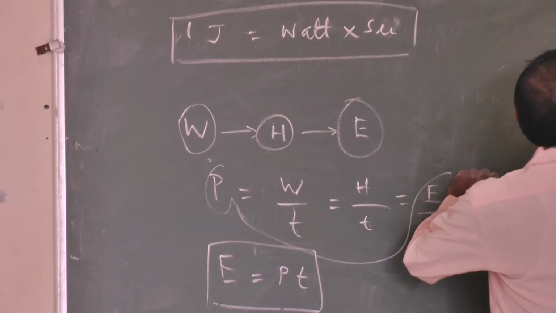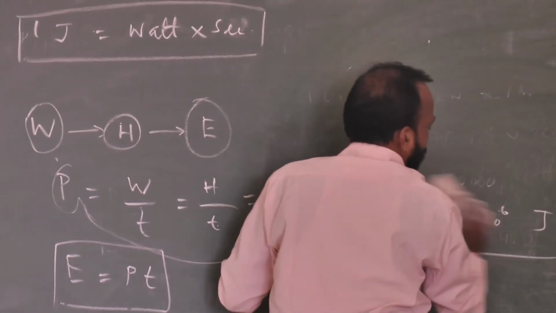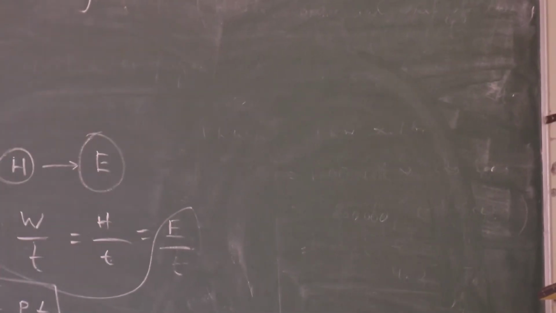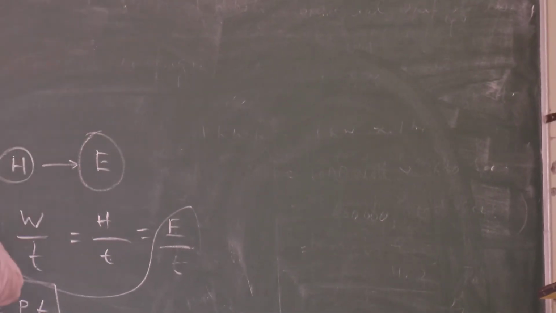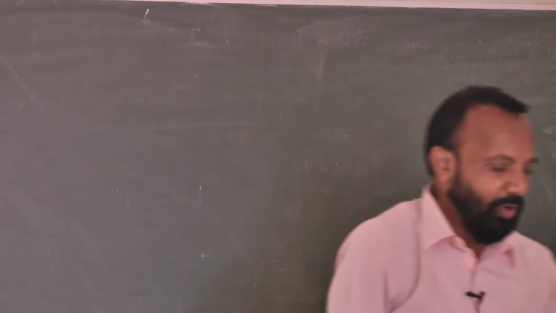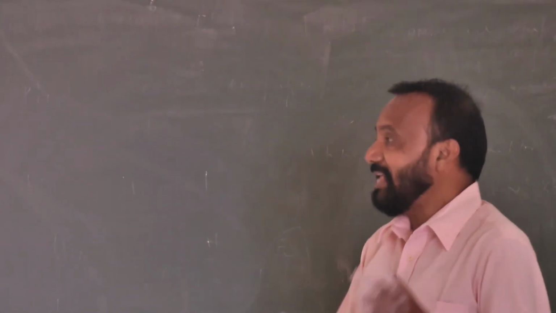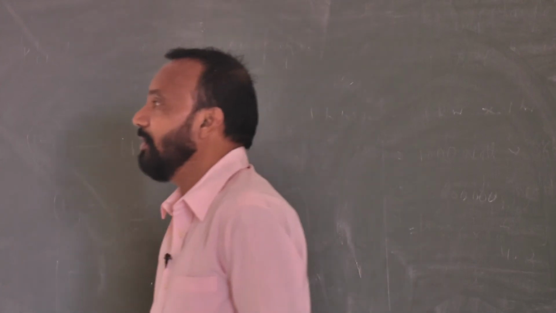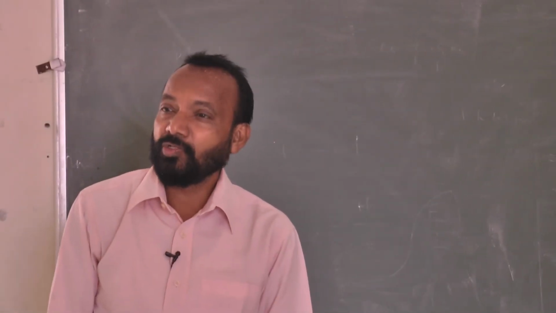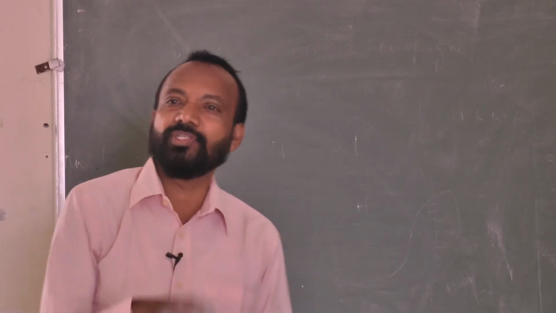Suppose in a household, in a house, some electrical appliances are there: ceiling fan, table fan, grinder, heater, AC, all electrical appliances. As per your consumption, the electricity bill is coming. So what monthly bill will you pay?